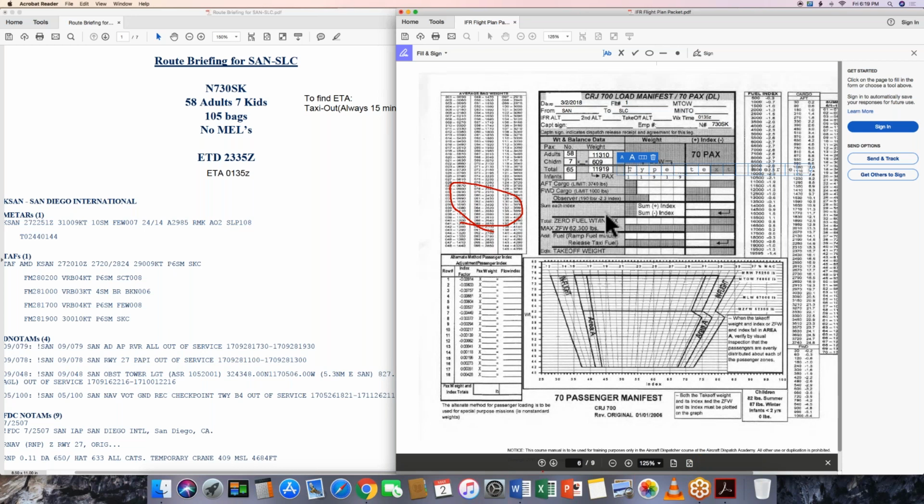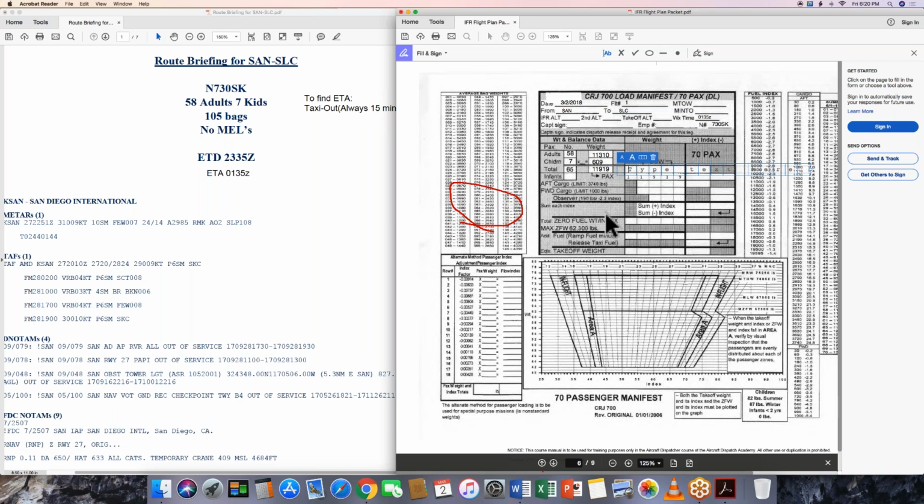Basically, the way we figure out the bow weight and the index for the aircraft is, every so many months, they take all the fuel off and basically everything out of the aircraft except what is necessary to operate it.